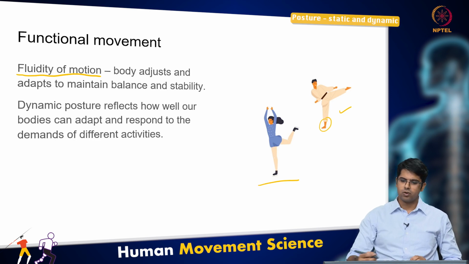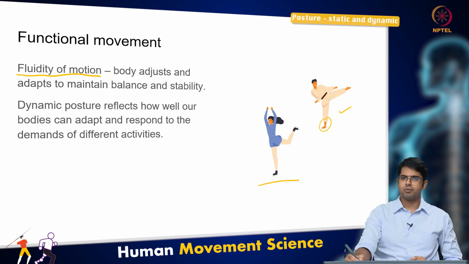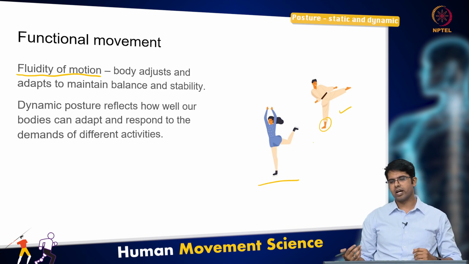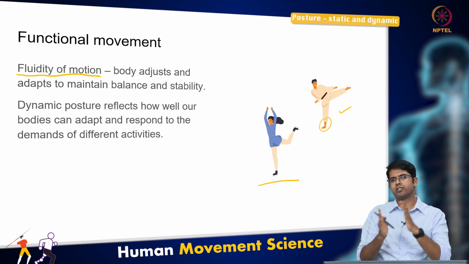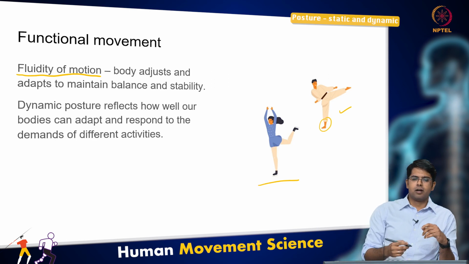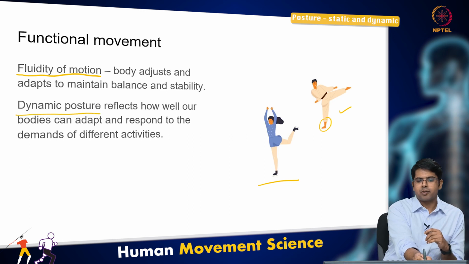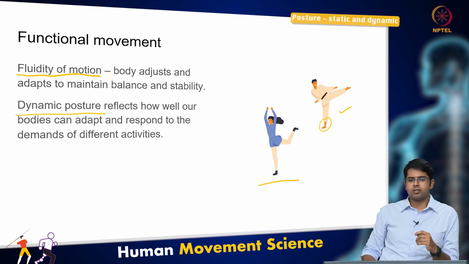Okay, so the way these positions are either maintained, or you transition to these positions from one stage to another, that reflects your dynamic posture, right? So how well can the body adapt and respond to demands of different activities?